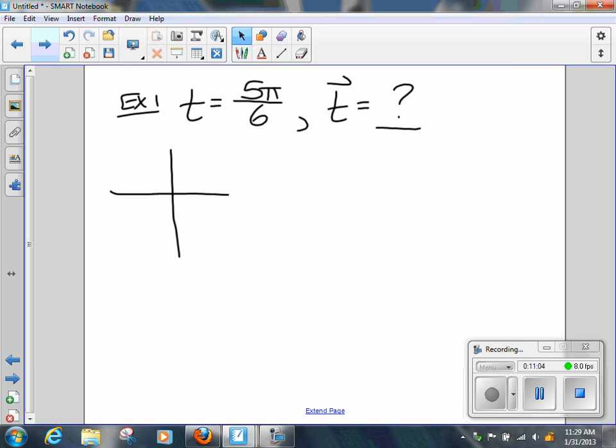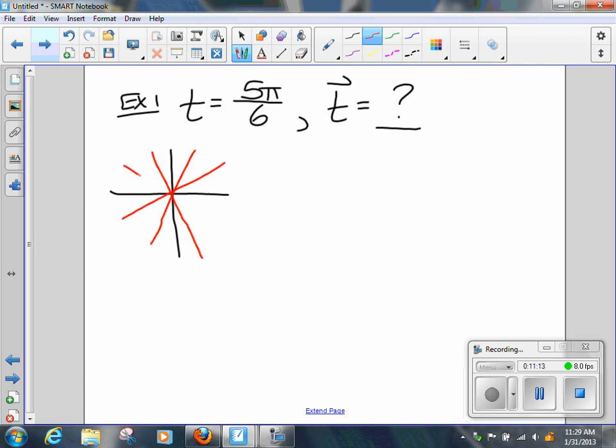So 6. How many x's am I going to draw to prepare my graph? 2. Am I going to rotate up or down? Up. And it's going to go 1, 2, 3, 4, 5. How many sixths will I need to get to the x-axis? 1. So my t-bar is what?